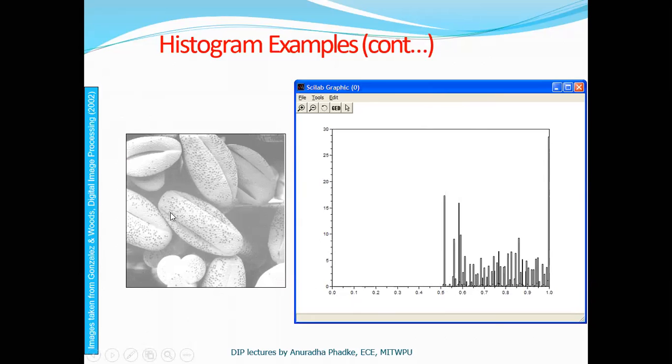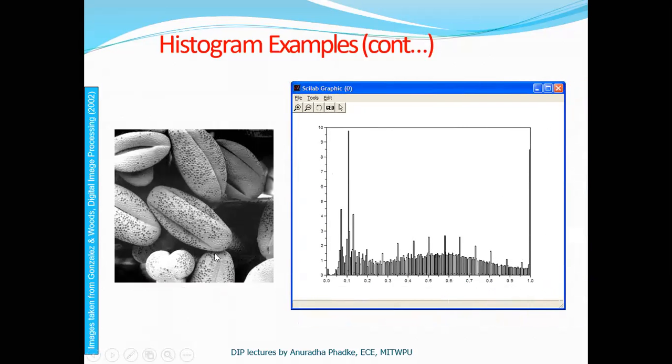So this is also an example of a low contrast image. This is a bright image, and all the gray values are concentrated in the upper portion of the histogram, between 0.5 and 1. It does not occupy the total dynamic range available from 0 to 1, but is concentrated only on the brighter portion of the histogram. So this is also an example of a low contrast image.